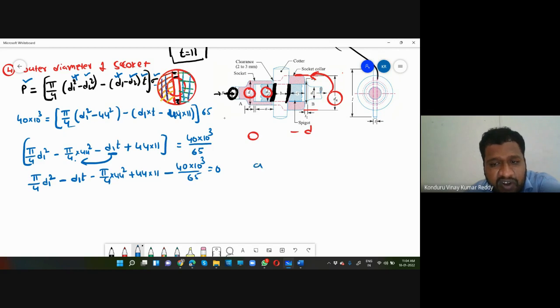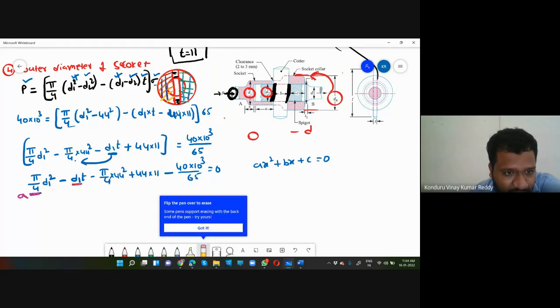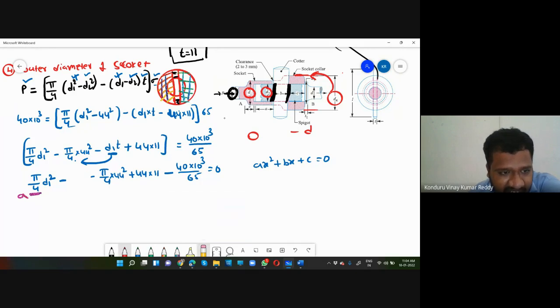This is in the form of ax square plus bx plus c equal to 0, and we know the t value. If you simplify it and rewrite the equation, instead of t I will write 11 d1.